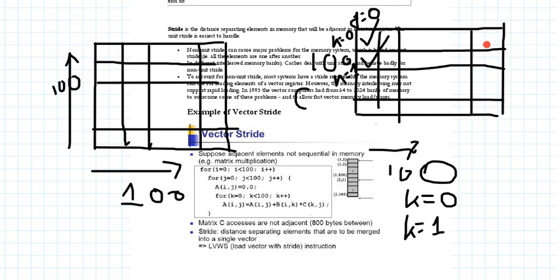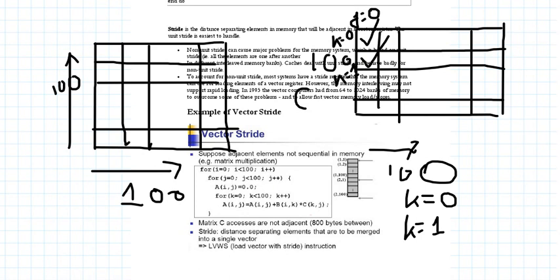So this is actually your stride distance, which specifies the distance among the elements which you need to punch in a single vector instruction.